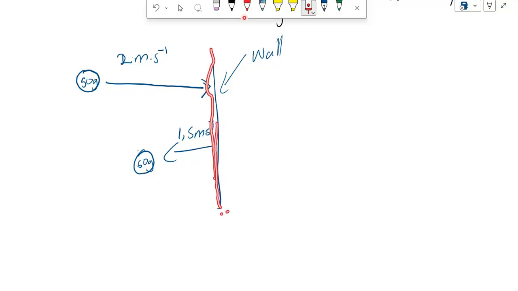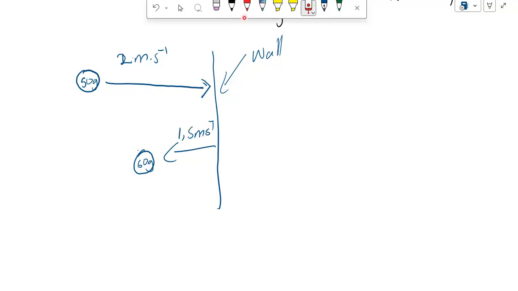This is a wall. It bounces on this wall and then it moves backwards at a speed of 1.5 meters per second. So the question is, what is the change in momentum? So what happened? It threw the ball, it bounced on the wall. After that, the ball moved back at the speed of 1.5 meters per second.